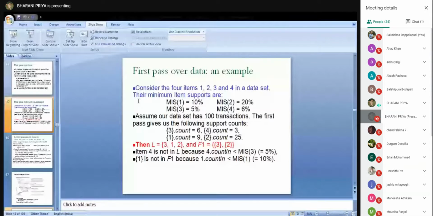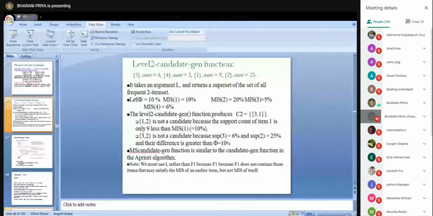It is the support difference constraint, and we are using the 5 value to eliminate the F2 problem. MS of 1 is 10%, 2 is 20%, 3 is so on. So level 2 candidate generation will produce 3 and 1. It's the main point.